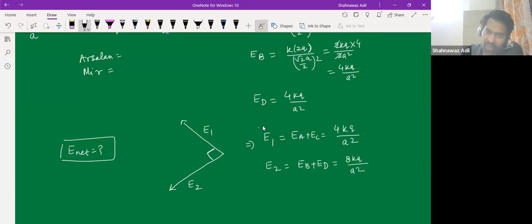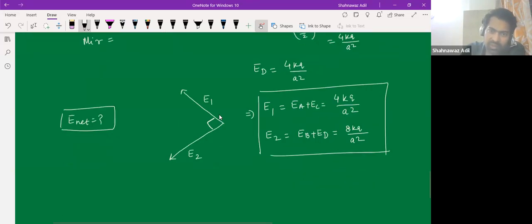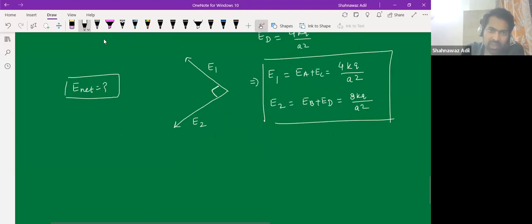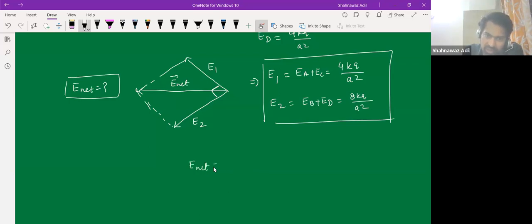So now we have E1 and E2. What would be the E net? We already know the properties of the parallelogram law. So if we draw the parallel lines here, this would be E net, right? So the E net magnitude is how much?